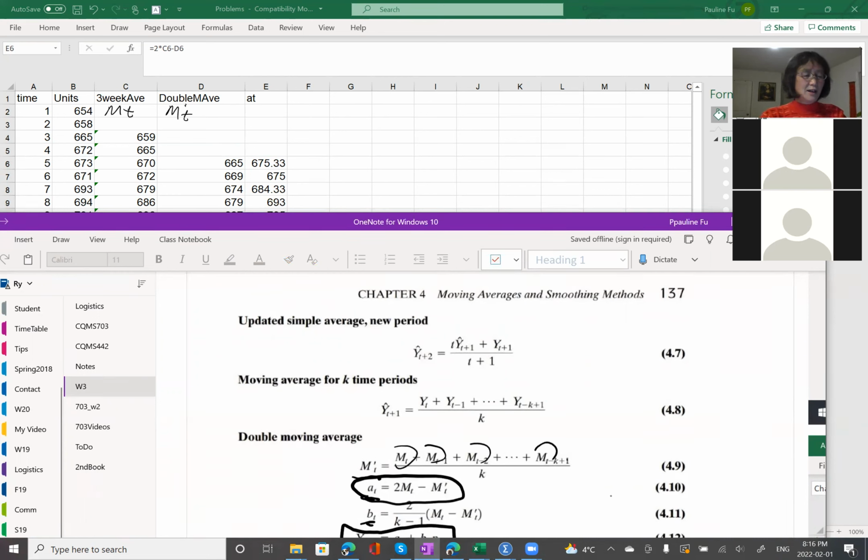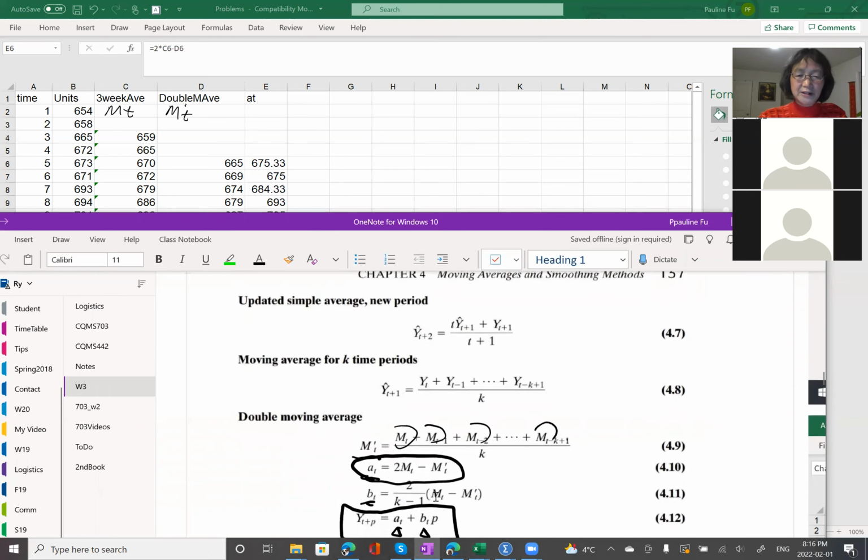Now I have to do the formula for BT. BT, the formula is 2 over K minus 1 times bracket MT minus MT prime. And then what is K? K is the number of moving average. Remember, we had 3-week average. So K equal to 3 in our example.